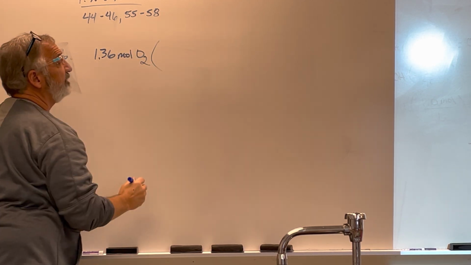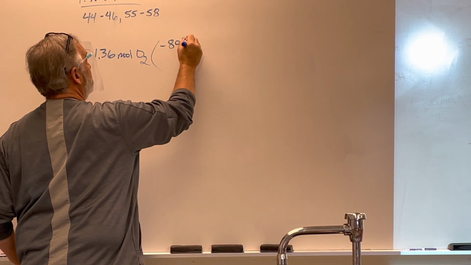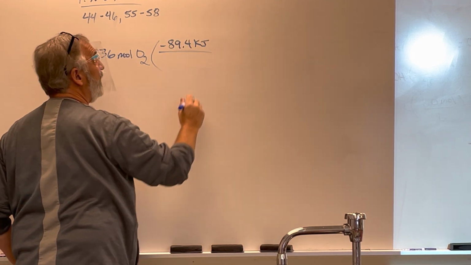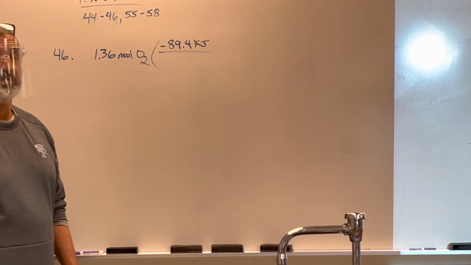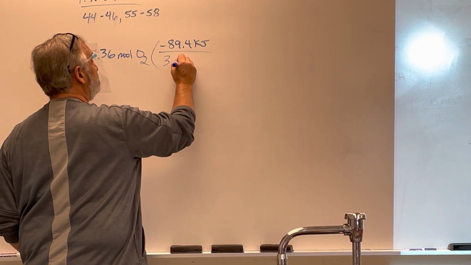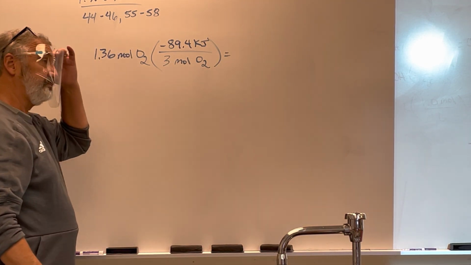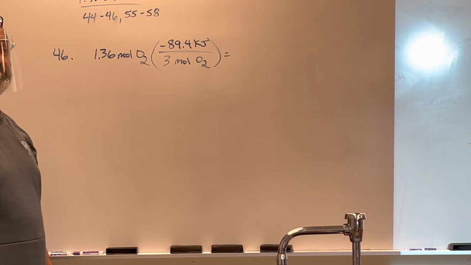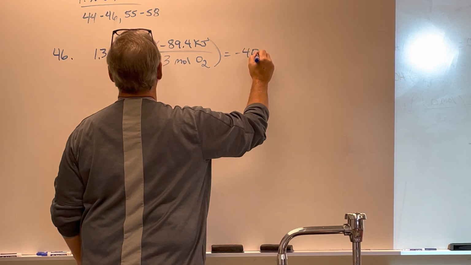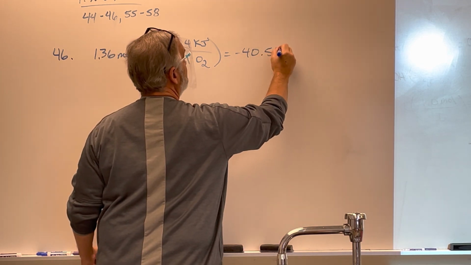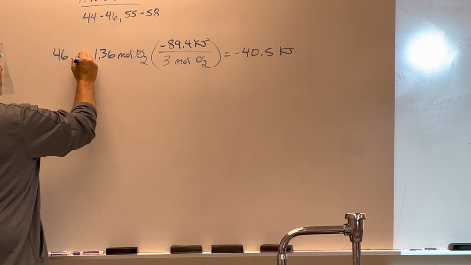I'm going to use my conversion factor of negative 89.4 kilojoules, but it's per how much? 3 moles of O2. That's the most important part of this. So then we multiply that out and get 40.5 kilojoules. Okay, so that's A.